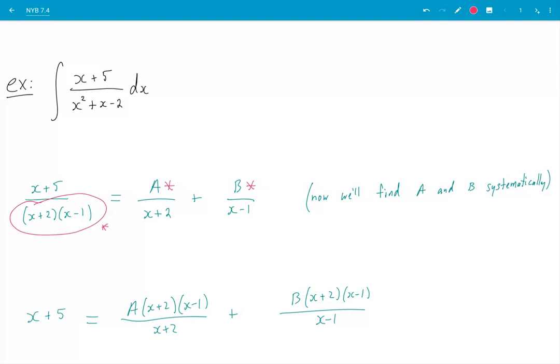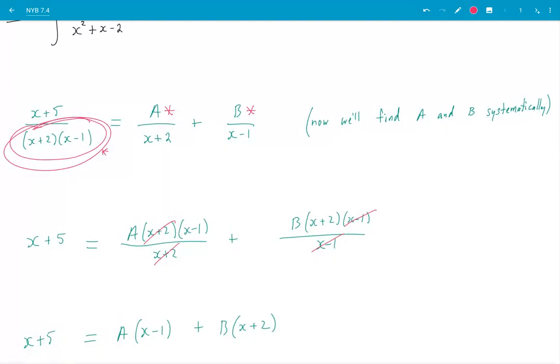Again, I'm multiplying both sides by this thing I've circled here. And then there are cancellations, and I get this line here. I'm trying to find A and B. What I'm saying here is that for any x, this rectangled equation is true.